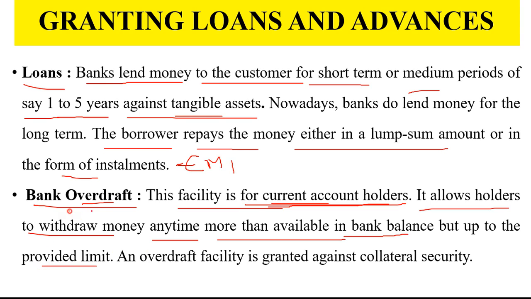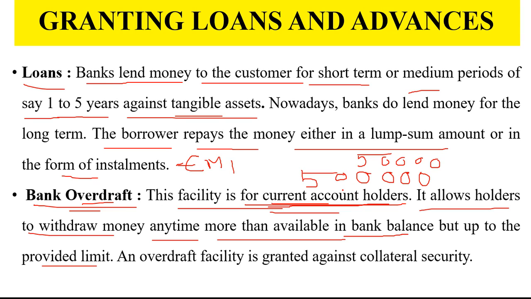Now what is this overdraft? For example, you have a current account in a bank, and in that current account you have 5 lakh rupees. In an emergency case you require 50,000 rupees, so you can apply for the overdraft facility.